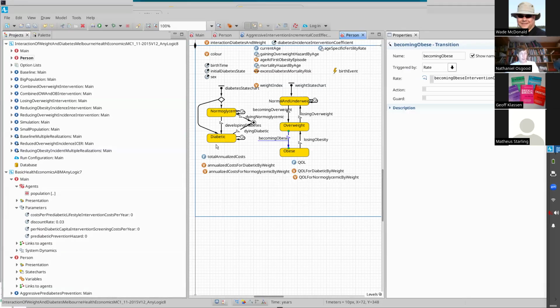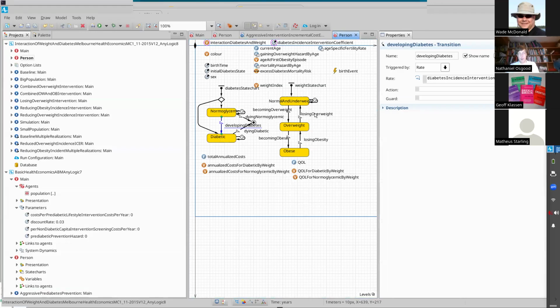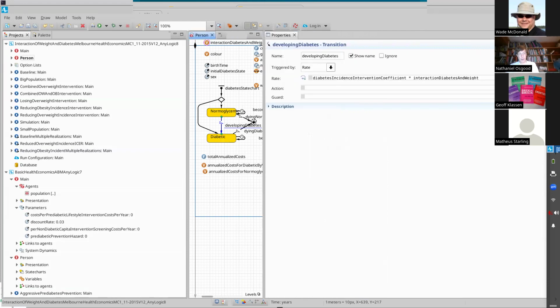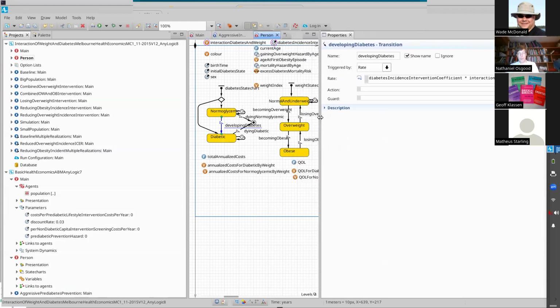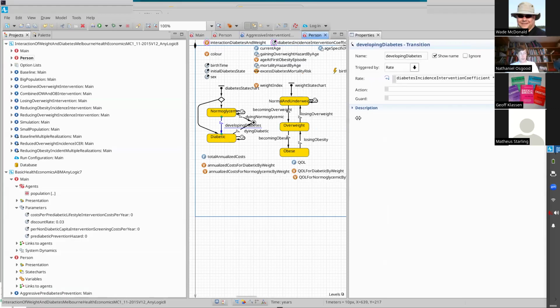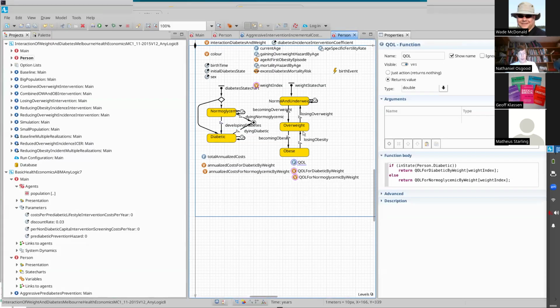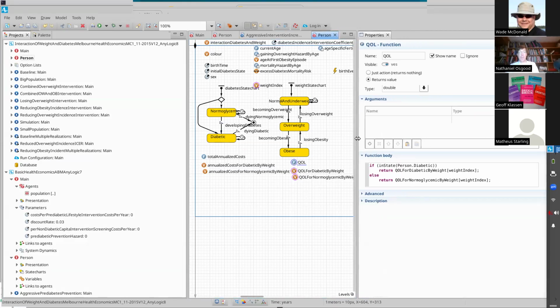And the same thing with whether they're normal glycemic or diabetic, and there's a mortality process. There's this little self transition that is basically keeping those hazard rates updated to reflect their current age. Excuse me, this one is actually not done by age, it's probably because the coefficient is changing. Anyway, the point is, you can also ask for their quality of life and total annualized costs in a way that takes into account both their state in this and their state in that.